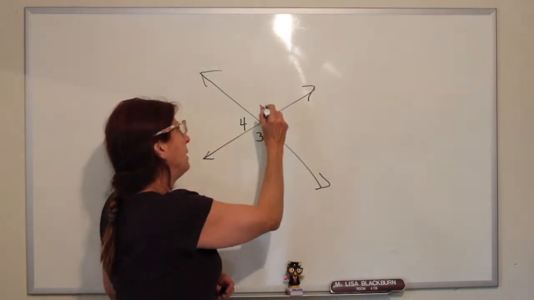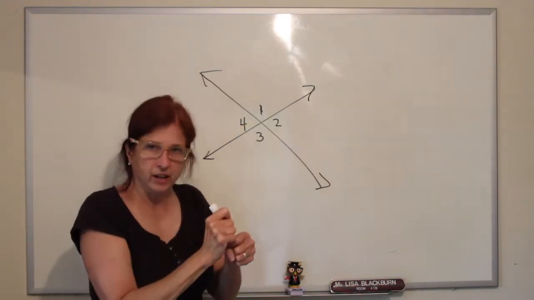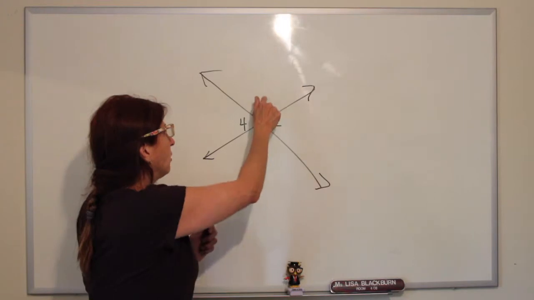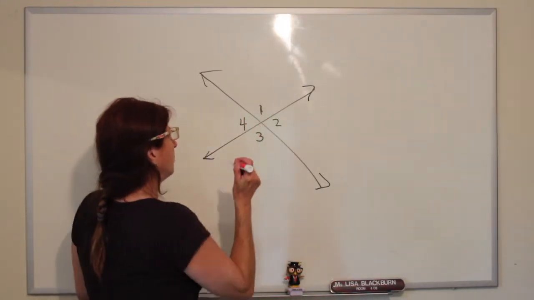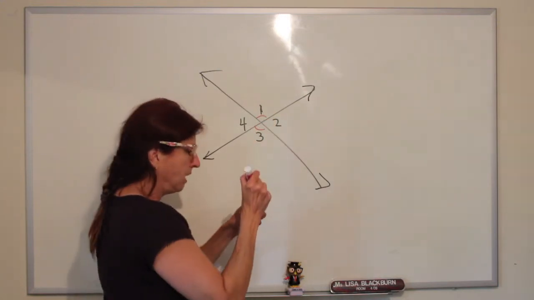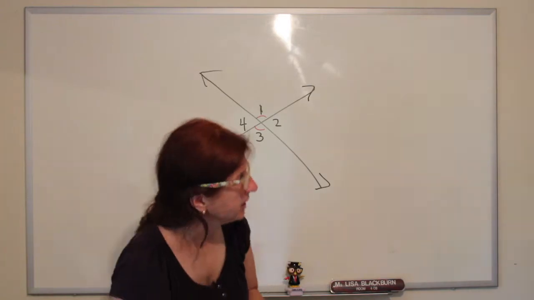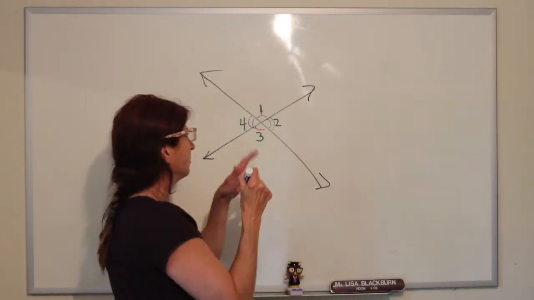And they labeled these 4 angles 1, 2, 3, 4. Now, they have a name for the angles that are across from each other. So 1 is directly across from 3, and 4 is directly across from 2, and I'm making them the same color so you can see that.